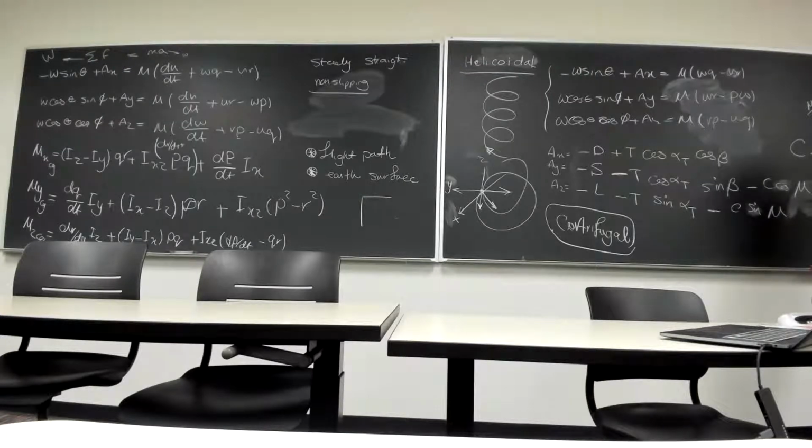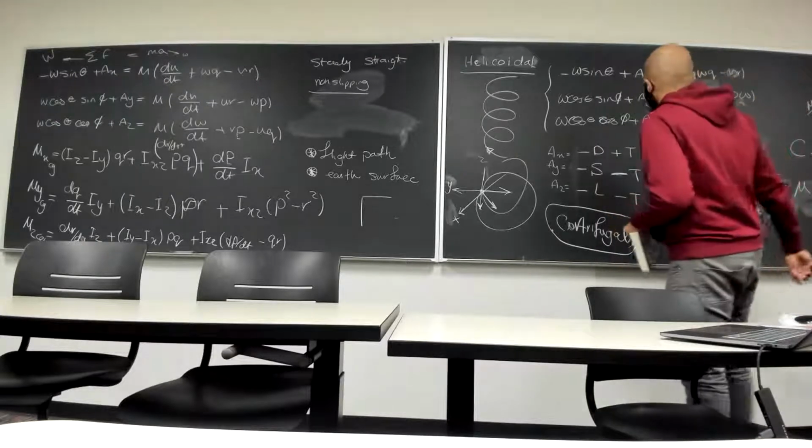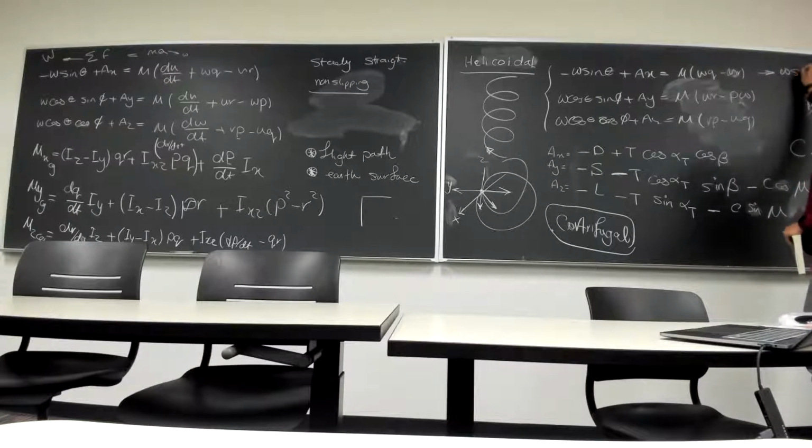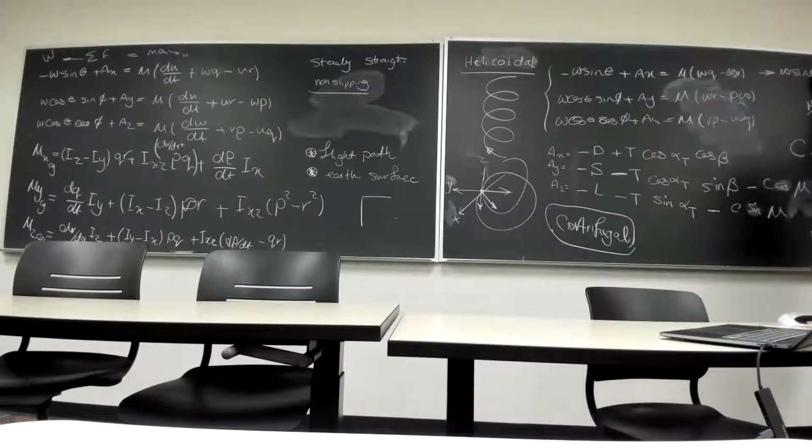A_X equals W sine theta, which simplifying A_X is negative drag plus thrust cosine alpha t. Since beta is going to be 0, cosine of 0 is just 1, so eliminate that term.